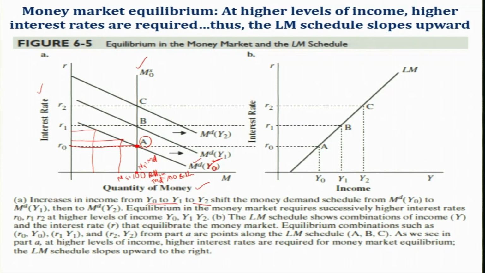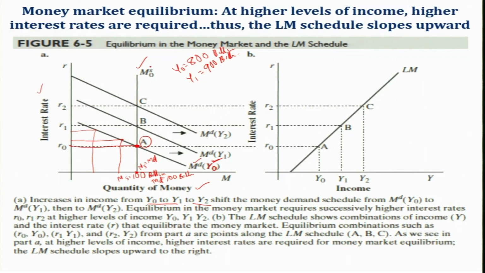Suppose the initial GDP, y naught, is 800 billion, and y1 becomes, for example, 900 billion.